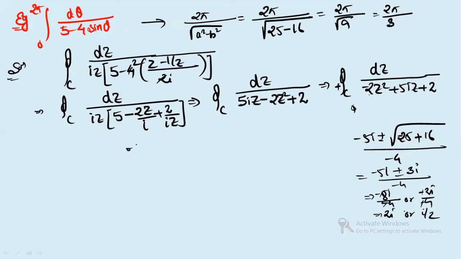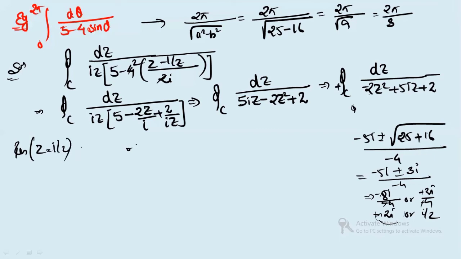Now you see in this case, this pole will be outside because we have a circle of unit radius, and this one will be inside. So you will just find the residue at z equals i by 2. For this, what will you write?